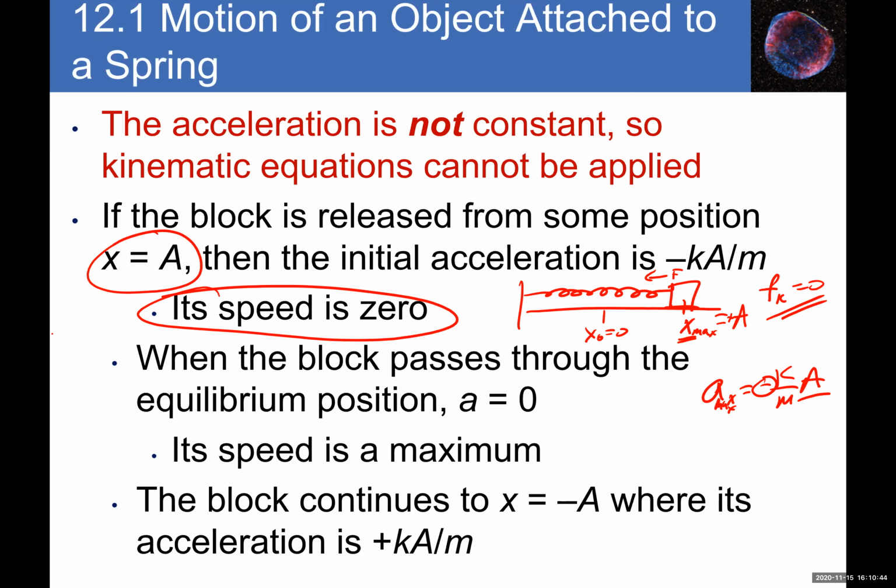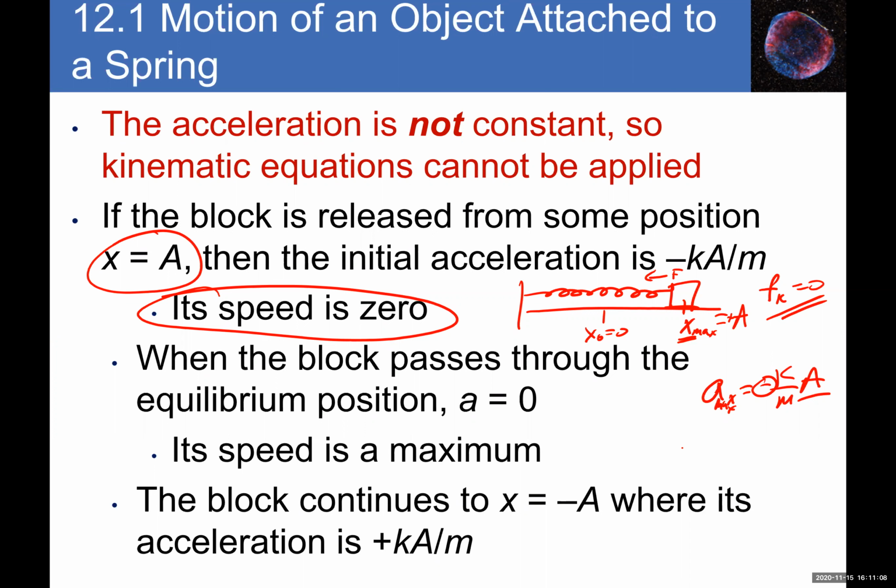All right, so whenever the object starts at maximum displacement, it's going to have maximum acceleration, positive or negative, depending on whether it's to the right of the equilibrium position or to the left of the equilibrium position. But acceleration is going to be maximum.